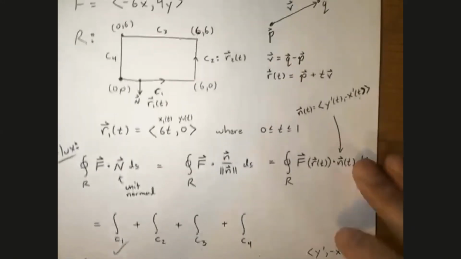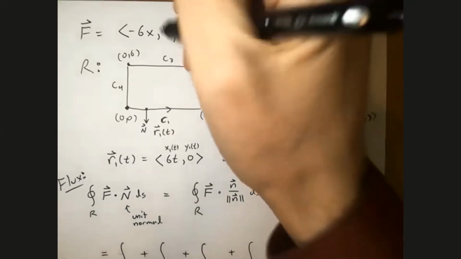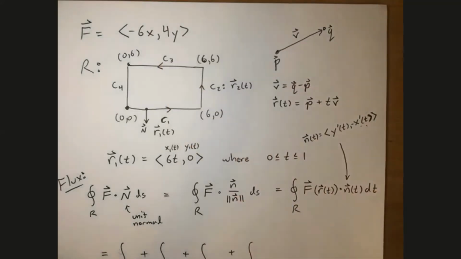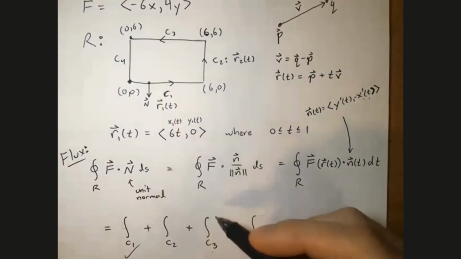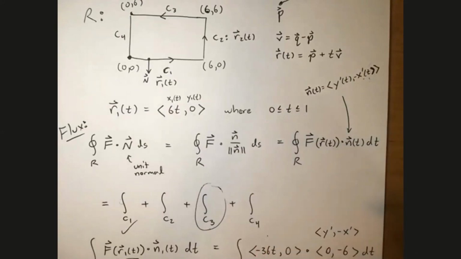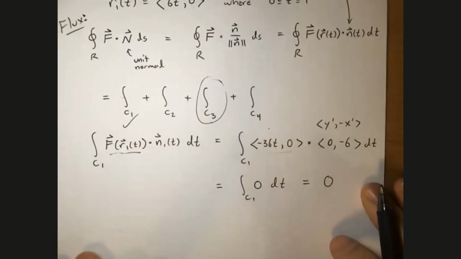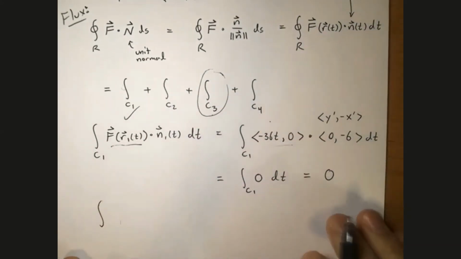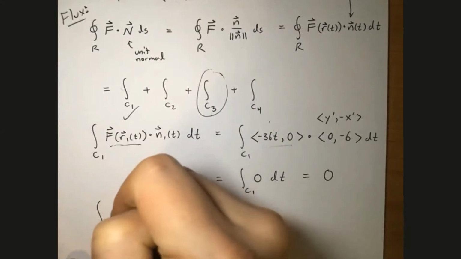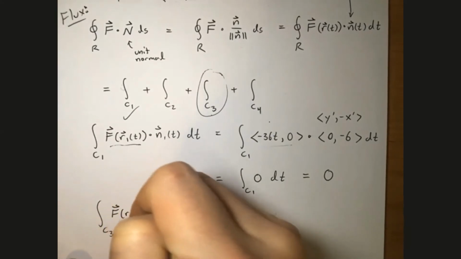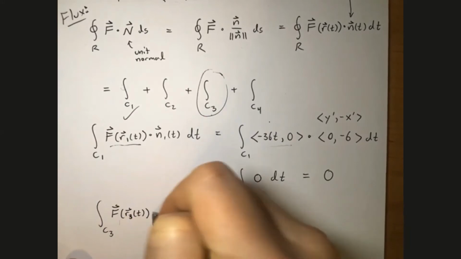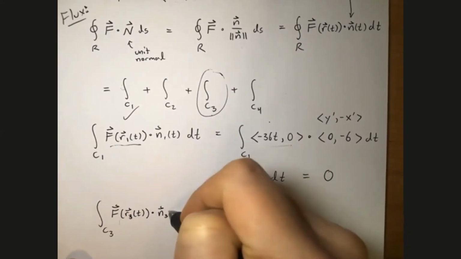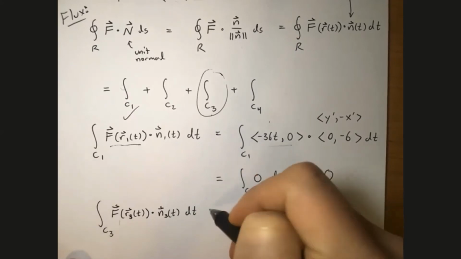So we had a question about coming along this direction on C3. Okay, so for this part, that's doing this guy. We're going to do the integral over C3 of f of R3 of t dotted with N3 dt.